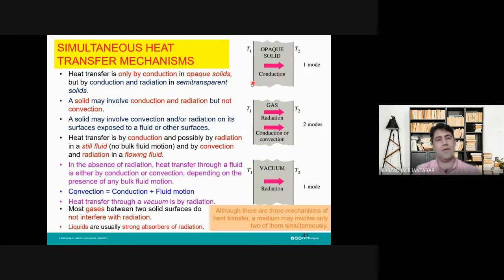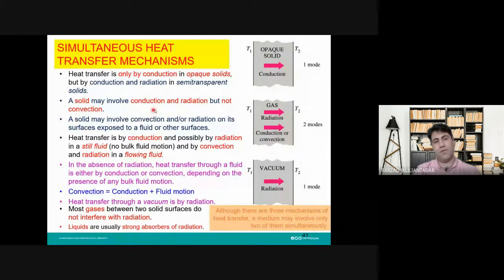So opaque solid, only conduction; semi-transparent, conduction plus radiation, because the ray can transmit through the semi-transparent solid. So in the opaque condition we have one mode of heat transfer, and if it is semi-transparent, we have two modes.